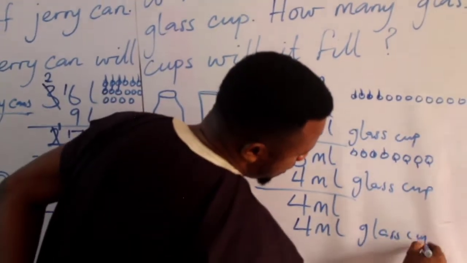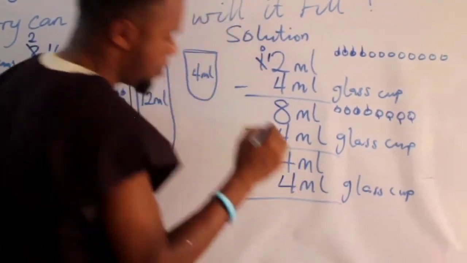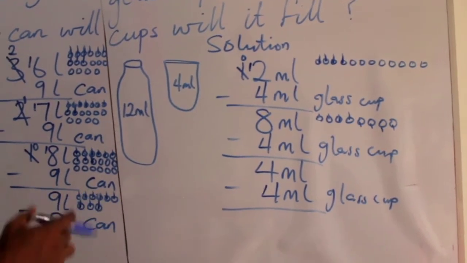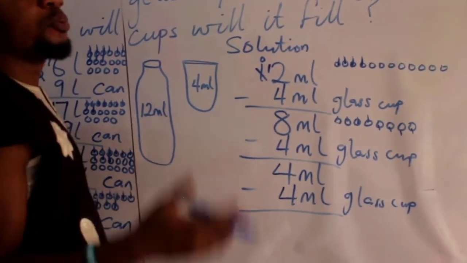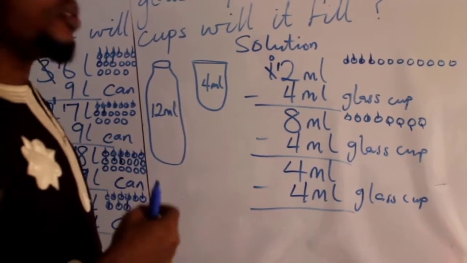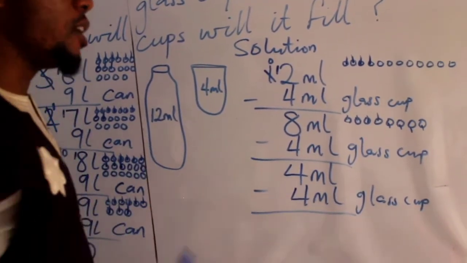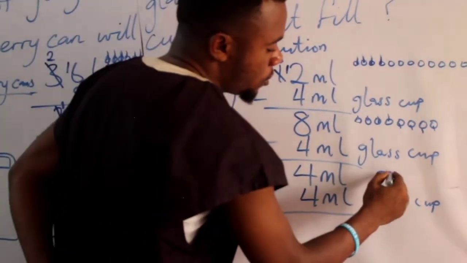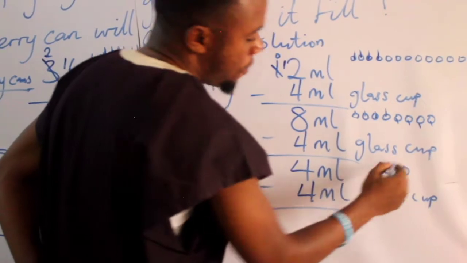Till we arrive at what? 0. Then we stop. Okay. Identical numbers. What would you say about identical numbers subtracting each other? We say that when you have identical numbers subtracting each other, you have 0 left. So we count 4. 1, 2, 3, 4.